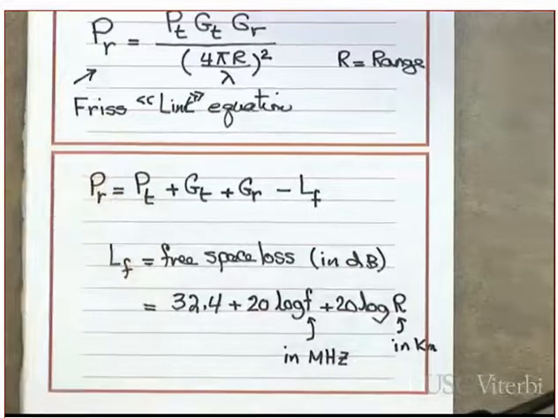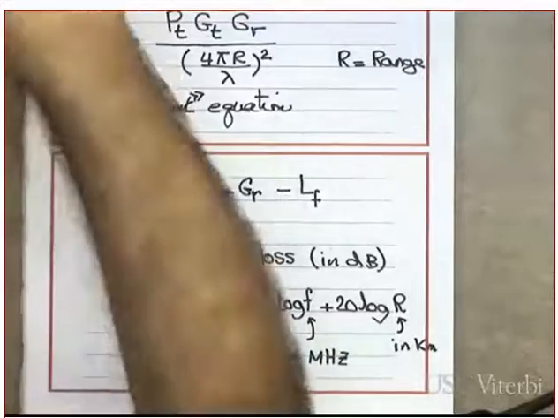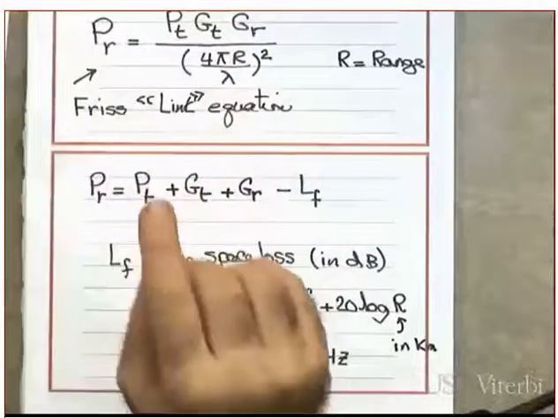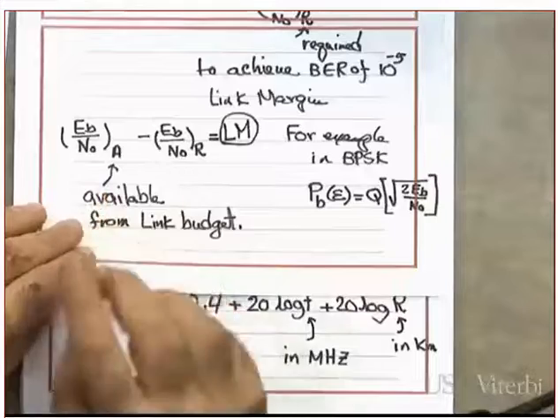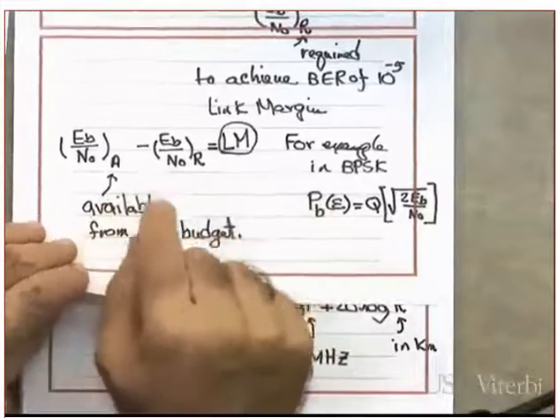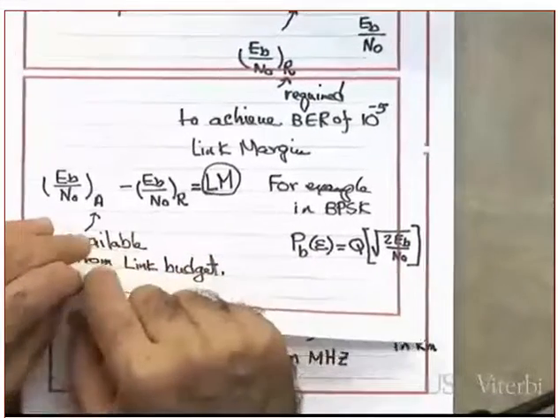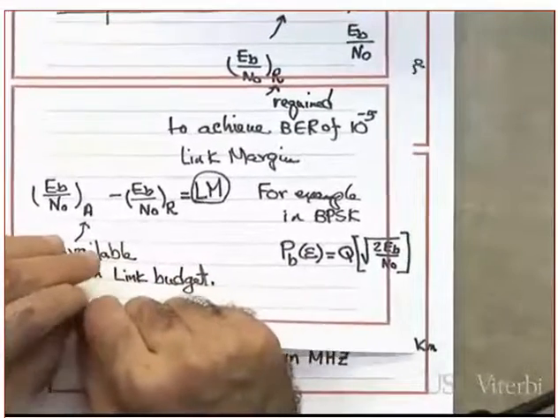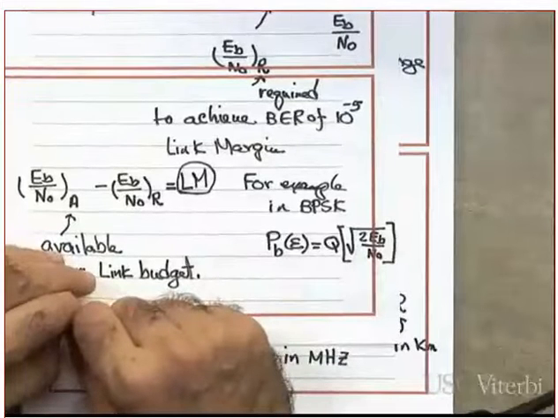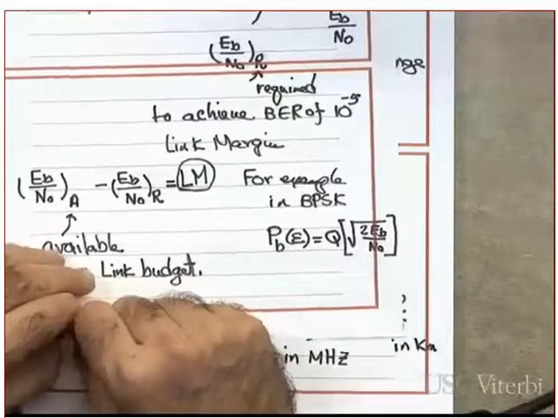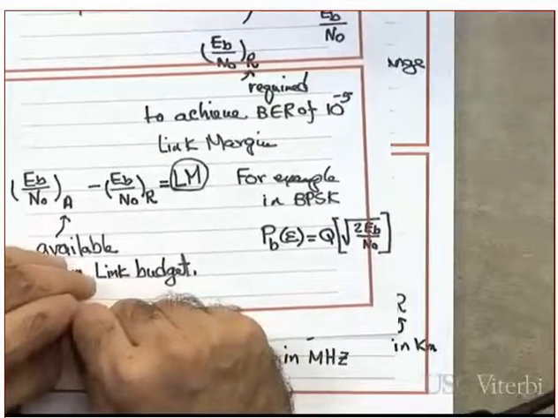However, if you want to find Eb over N0, not the signal to noise ratio, your interest is in Eb over N0. Do we need the bandwidth?